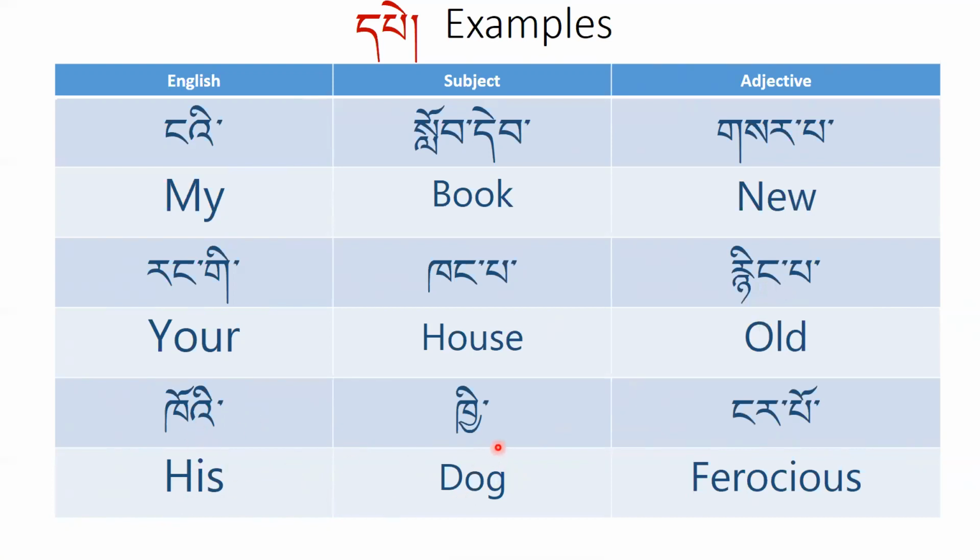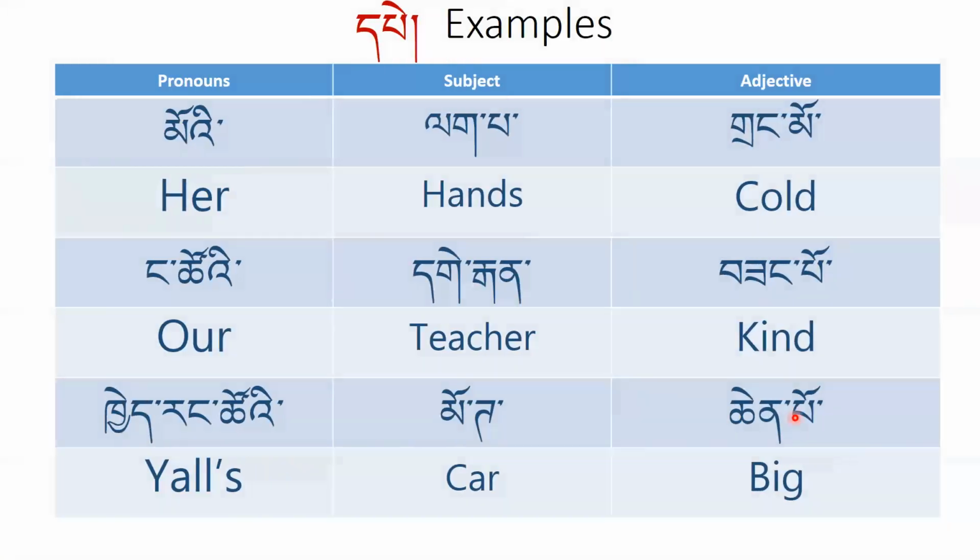His, ki, dog, ngarbo, ferocious. His ferocious dog. Ki ngarbo. Now mo, me, her, lakba, hands, drangmo, cold. Me lakba drangmo, her cold hands.